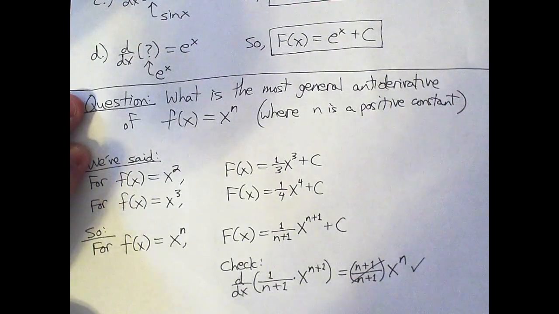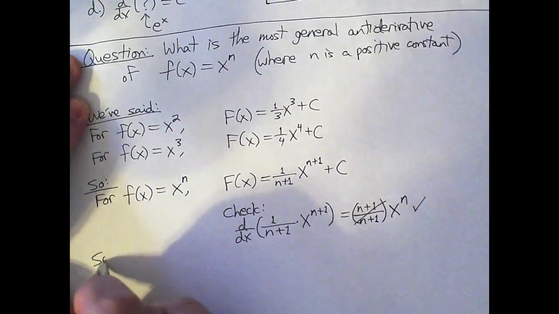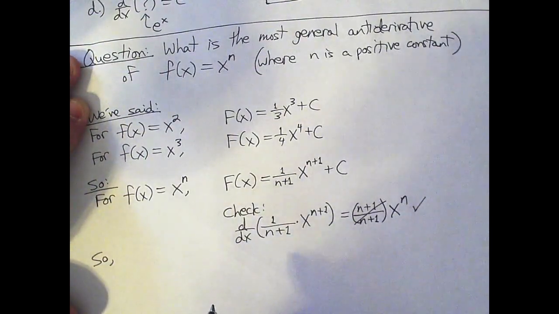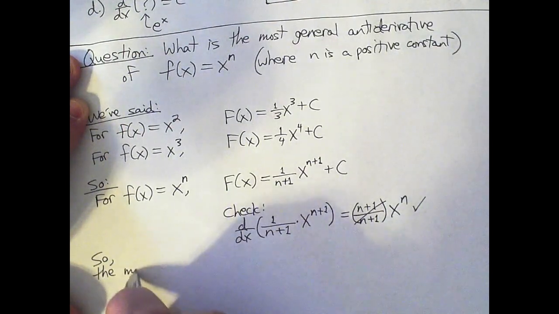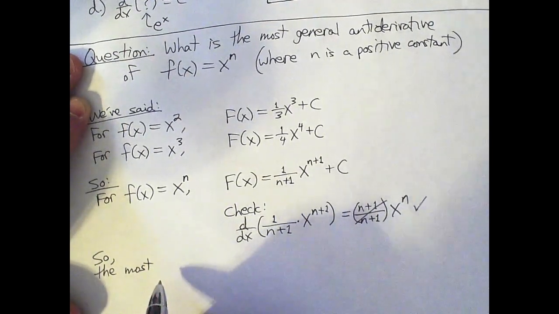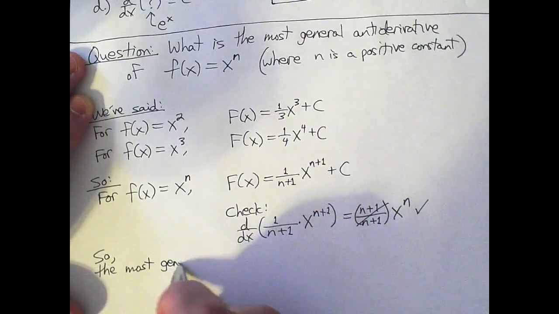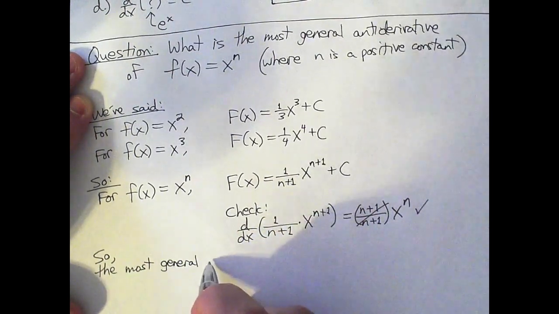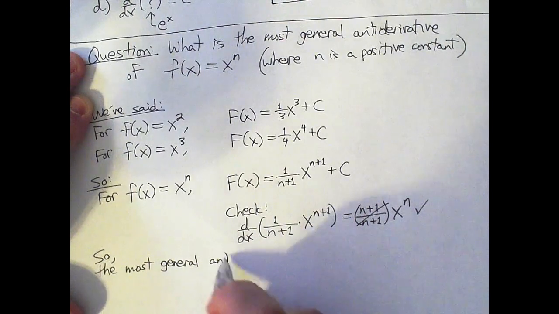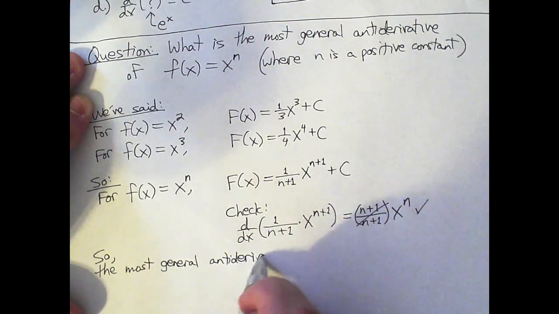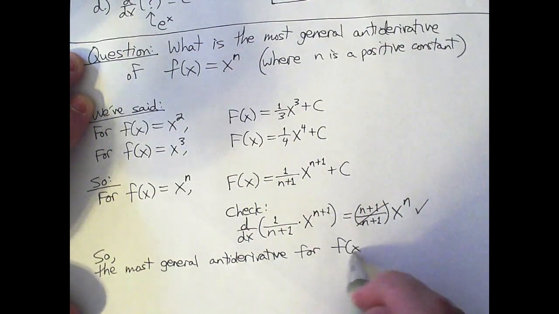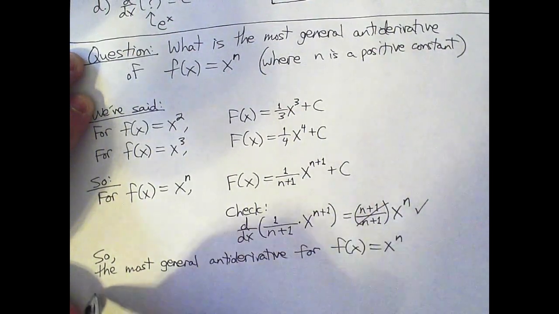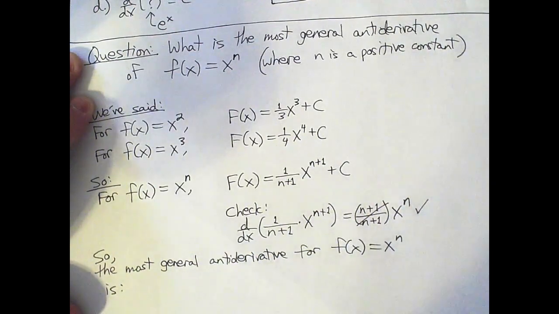So what we can say then, we're going to state this as an official rule. The most general antiderivative for f of x equals x to the n is, I'm going to write it slightly differently.